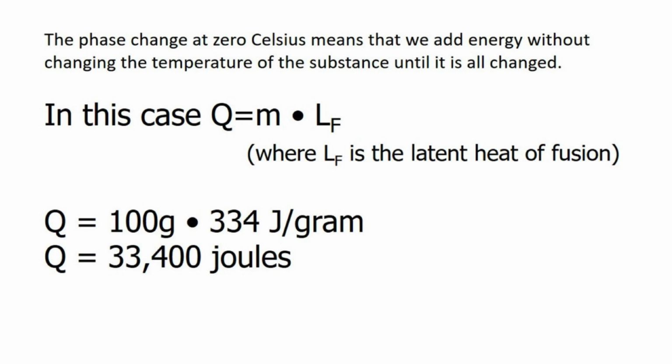Now, if you note in this formula, there is no delta T because there is no change in temperature. This mixture of ice and water will stay at 0 C until all the ice is gone. And with 100 grams, the math is easy. We just end up with 33,400 joules to change the phase completely from solid to liquid.